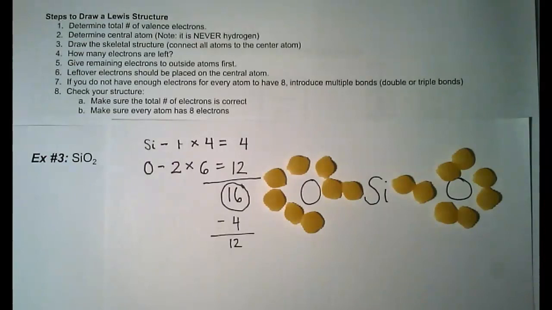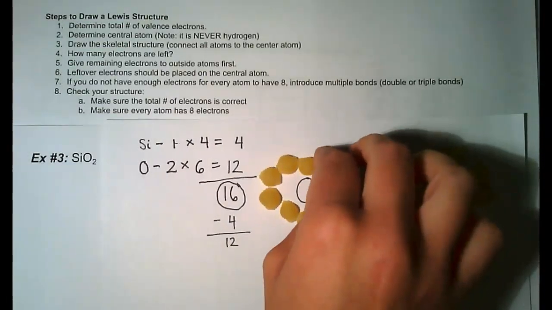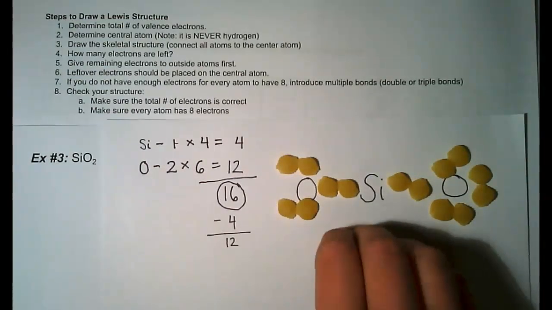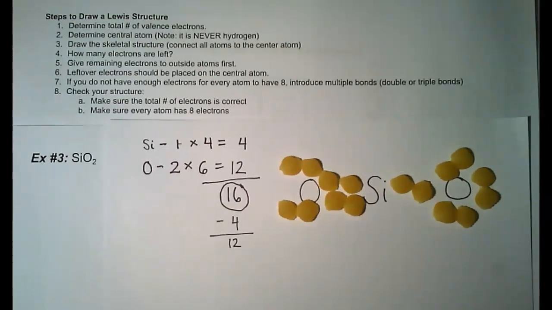So to do this, I'm going to start moving my electrons from around oxygen, and instead of them being lone pairs on oxygen, I'm going to make them be bonded pairs or shared pairs of electrons. So right now, this oxygen has 3 lone pairs. I'm going to take one of those lone pairs and move it to form another bond between oxygen and silicon.